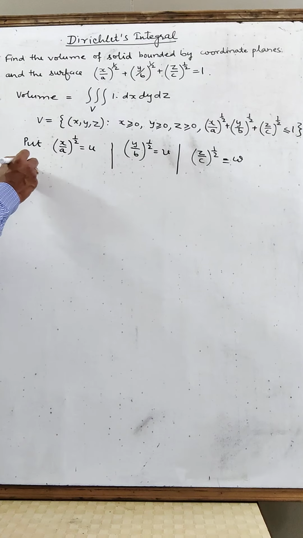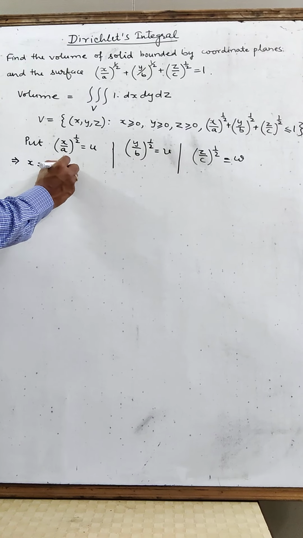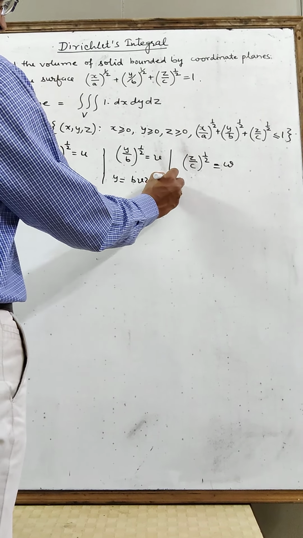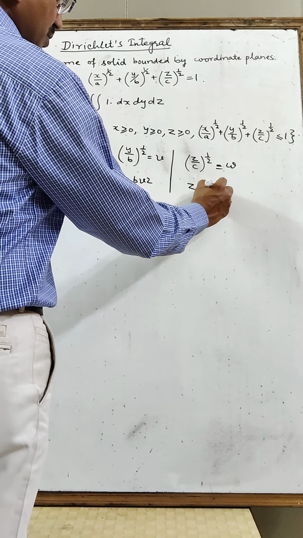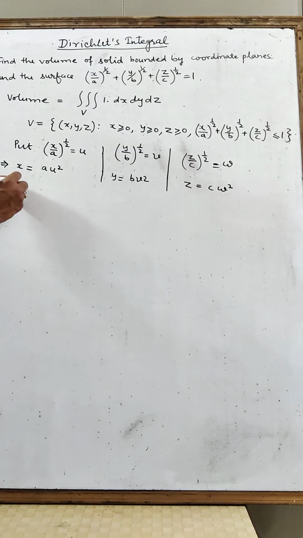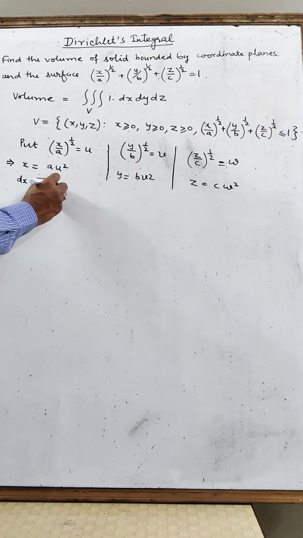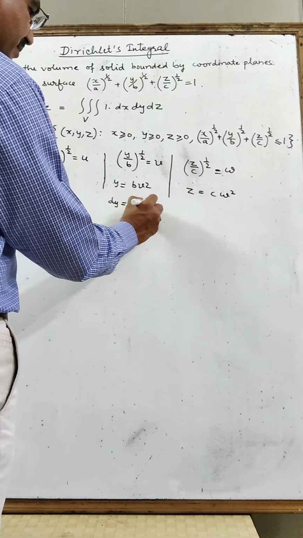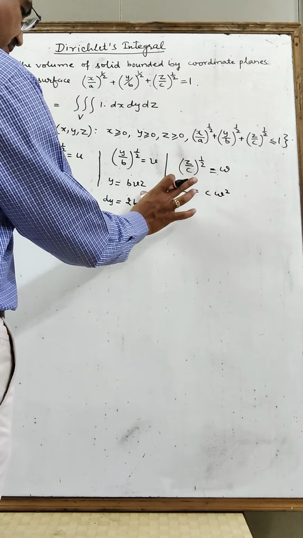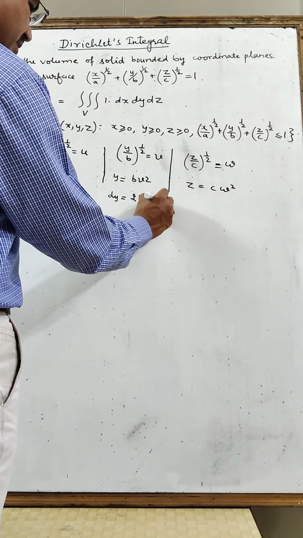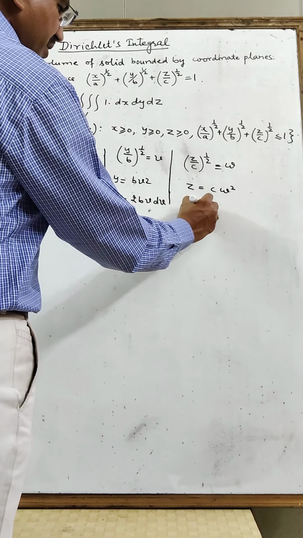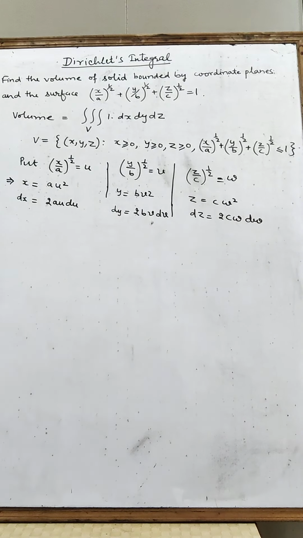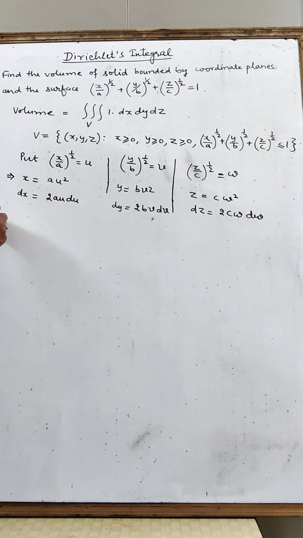From here x would be equal to a u squared, y would be equal to b v squared, and z would be equal to c w squared, and dx would be equal to 2au du, dy would be equal to 2bv dv, and dz would be equal to 2cw dw.